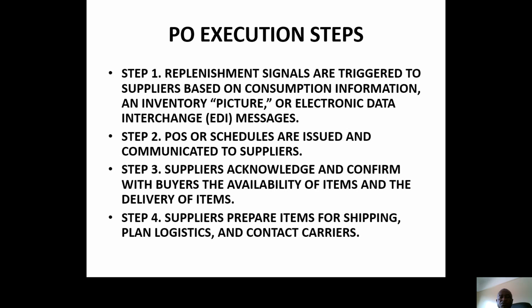Suppliers acknowledge and confirm with the buyers the availability of items and the delivery date. Suppliers prepare items for shipping, plan logistics, and contact carriers. I'm sure you are doing transport logistics. Then you understand the link between what we are saying here.